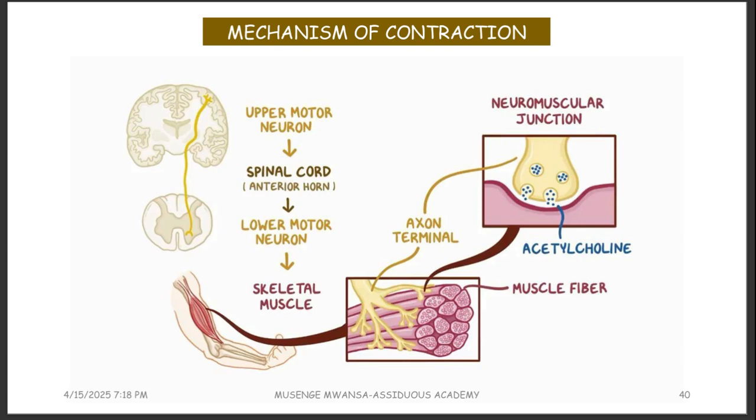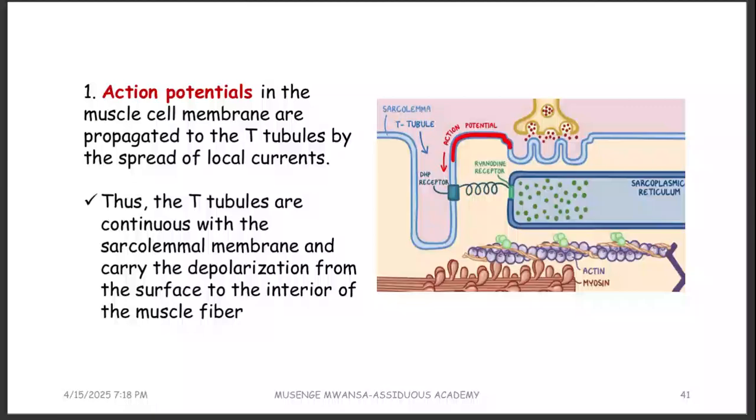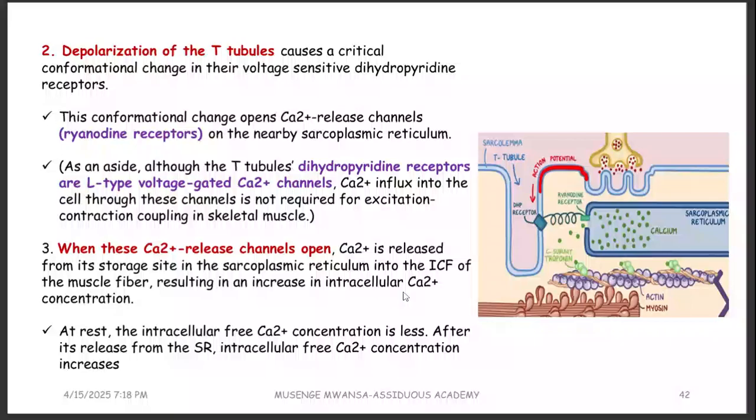When it attaches on the receptors on the muscle, action potential now is going to also be created in the muscle, and then it will spread via the T tubules. So action potential in the muscle cell membrane is going to be propagated to the T tubules by the spread of local currents. T tubules are continuous with the sarcolemmal membrane, and they'll be able to carry depolarizations.